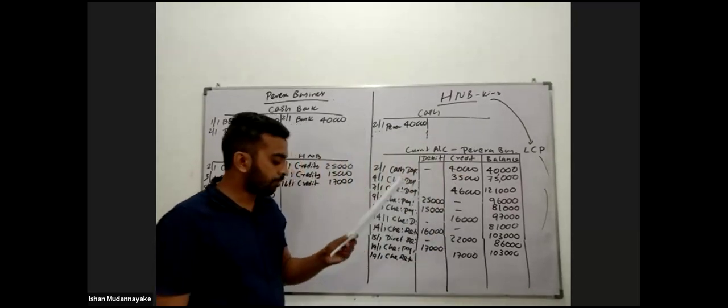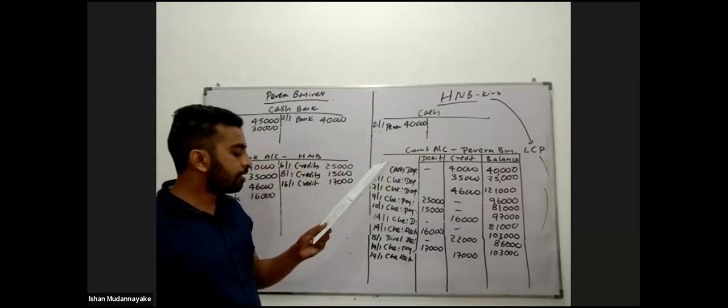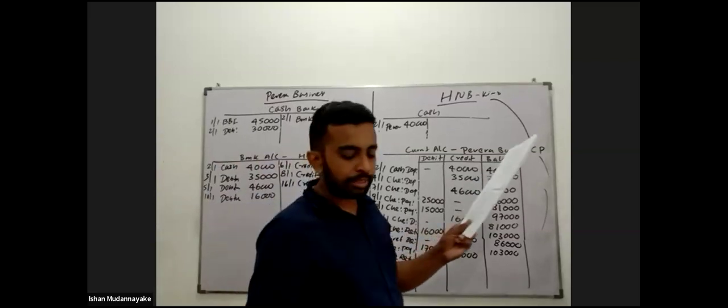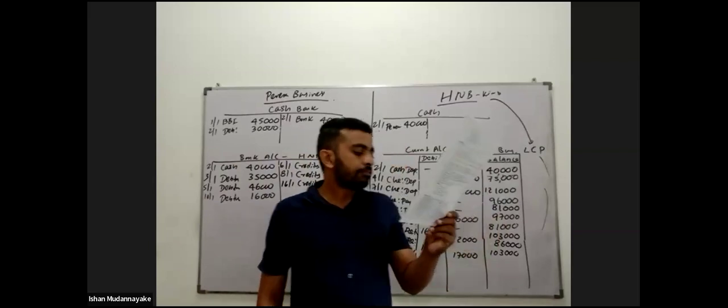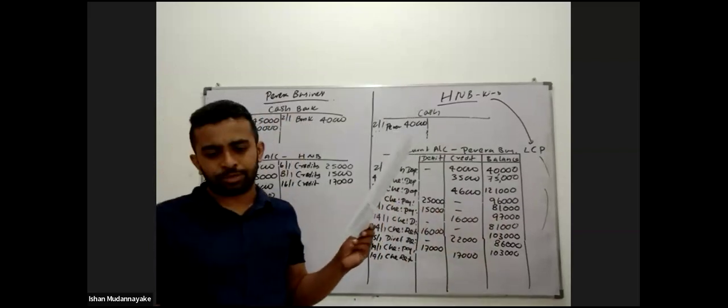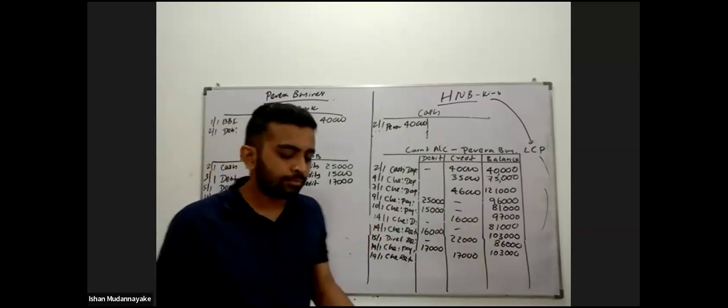Right. 20th January transaction. On 20th January, standing order payment by the bank, 8,000. Now, what does standing order mean?